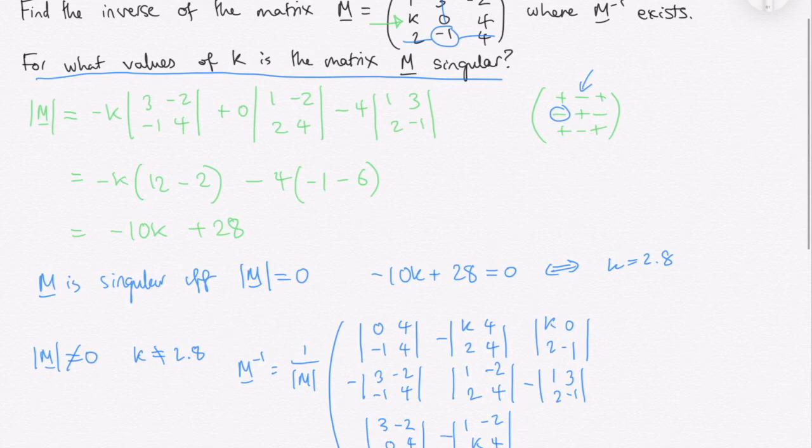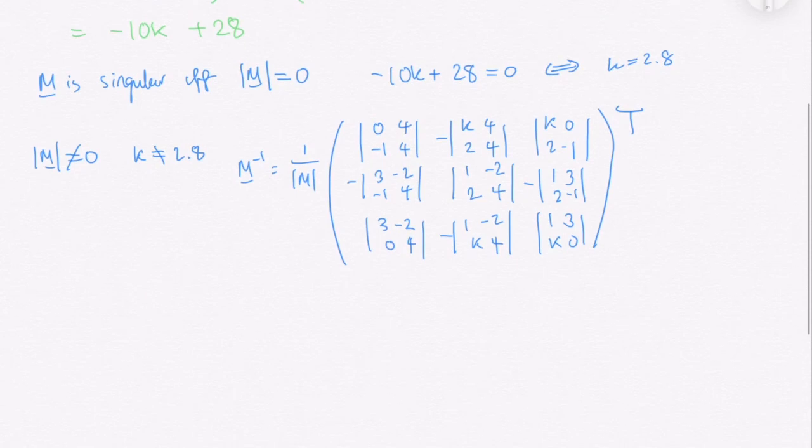Remembering this comes with a negative sign. And then finally, the determinant corresponding to the element 4 is 1, 3, k, and 0. But remembering really, really importantly that we need to transpose this matrix. Okay, so let's go about calculating this.